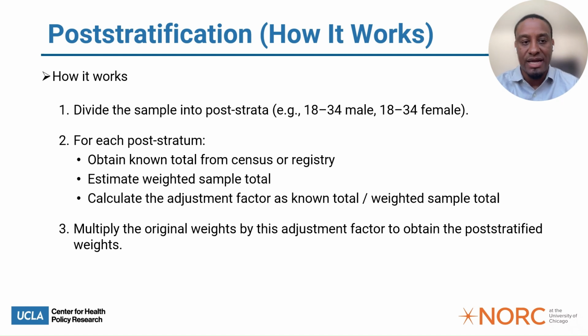This is the total weighted number of units from our sample for the group. And then we will calculate the adjustment factor as the ratio of the total coming from the external source to the weighted total coming from the sample. And then to obtain the final adjusted weight, we will multiply the original weight by the adjustment factor.